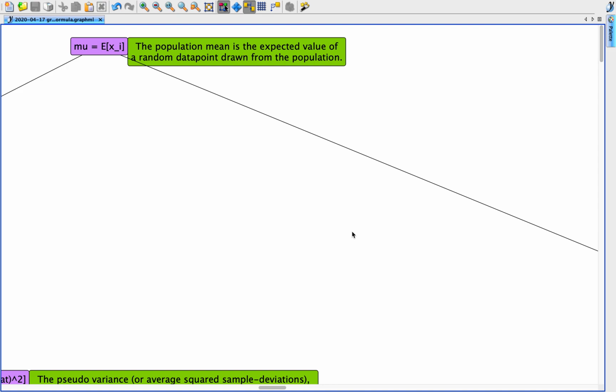So mu is the actual true mean of the population, and because of the definition of expectation, if you take some random point, its expected value is going to be equal to the mean of the population.